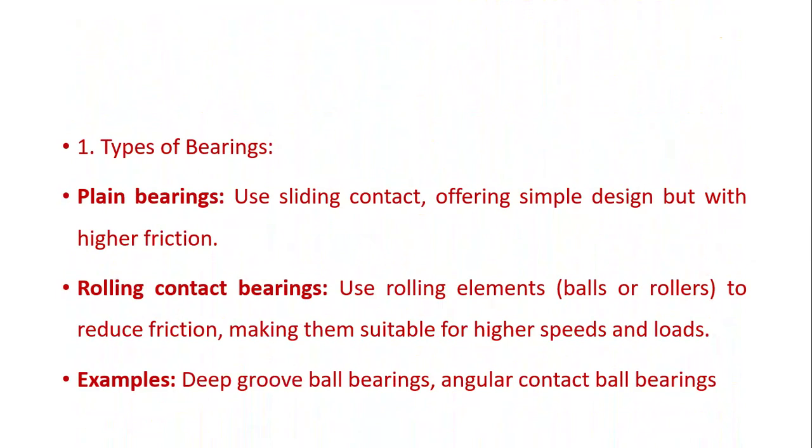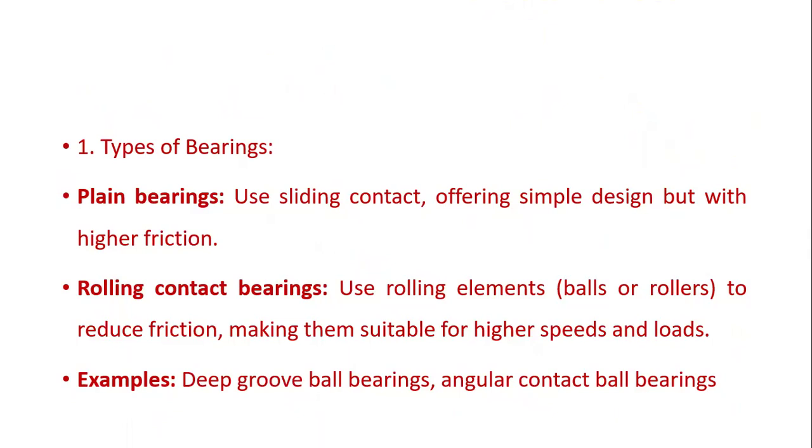Normally, plain bearings will have sliding contact with respect to the surface of the moving parts, but it will produce a high friction rate, whereas rolling contact bearings are more safe compared to the plain bearings because the surfaces don't have a direct touch.